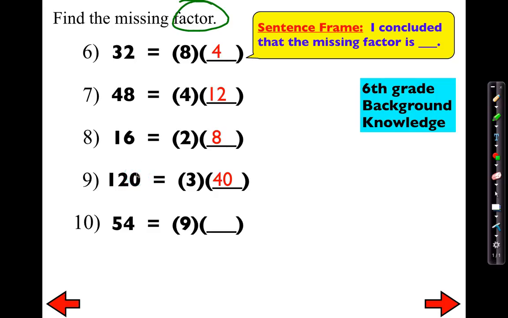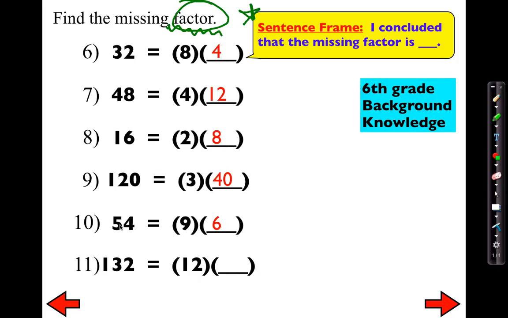Number 10, what are the factors to make 54? I'm going to say 9 and, hopefully you guessed right, it's going to be 6. So 9 and 6 are, again, the key word is they are factors. Using the sentence frame, I would say I concluded that the missing factor is 6. Please understand both of these are factors of 54.